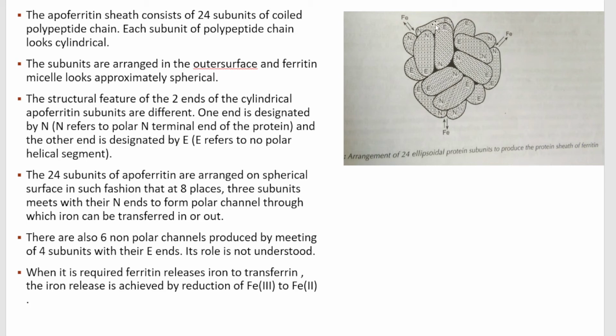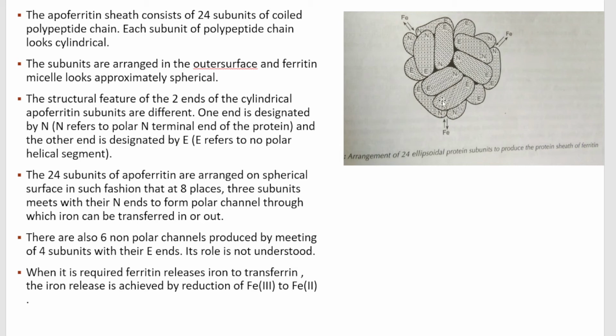These subunits, 24 in number, completely cover the central core, so you cannot see the central core at all. The entire central core is surrounded by these 24 subunits of the polypeptide chains, and these subunits are arranged on the outer surface. And this ferritin micelle looks approximately like a spherical structure.